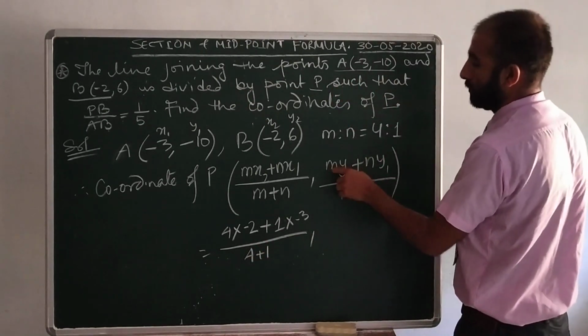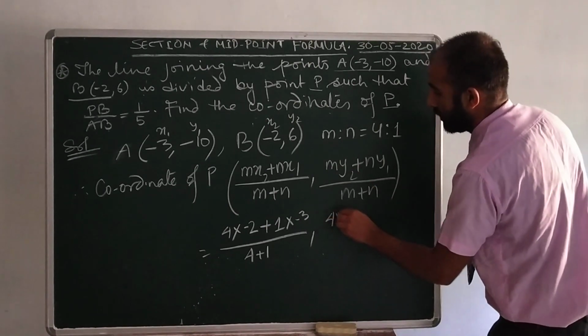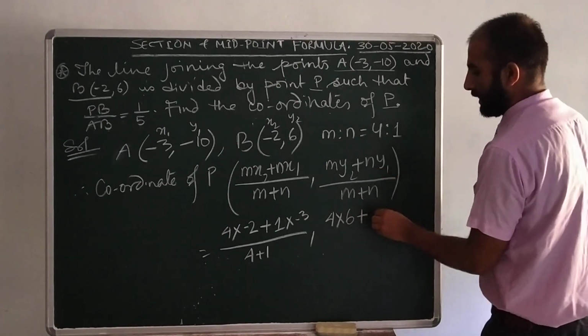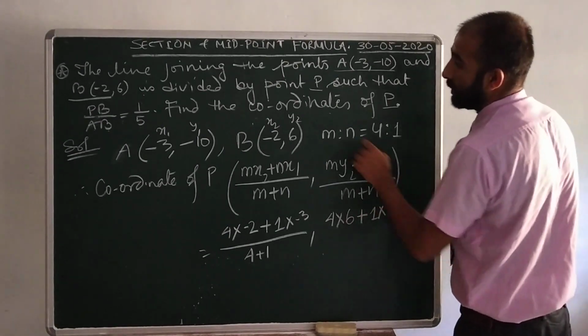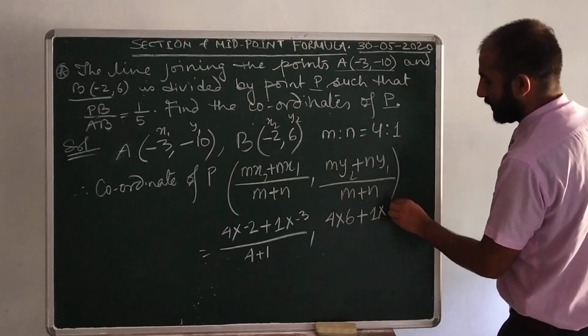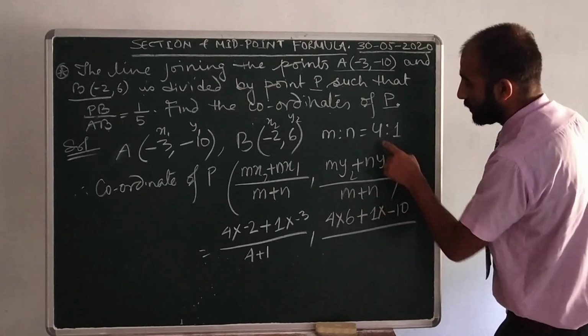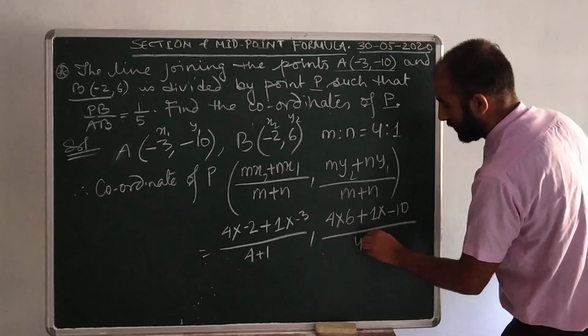Similarly m, that is 4, y2 we have got 6 plus n, that is 1 into y1 we have got minus 10 by 4 plus 1. M plus n means 4 plus 1.